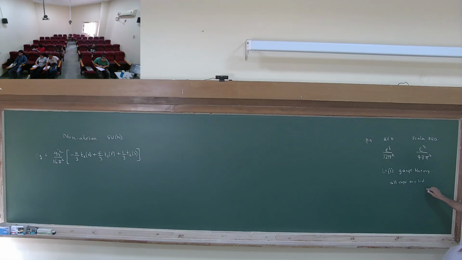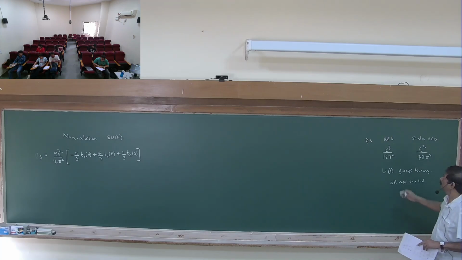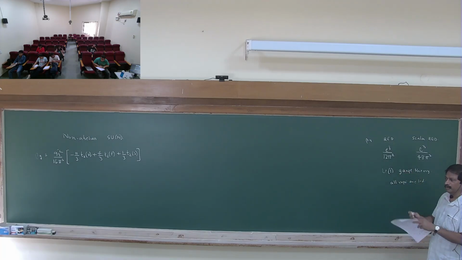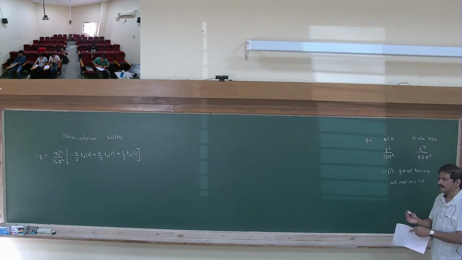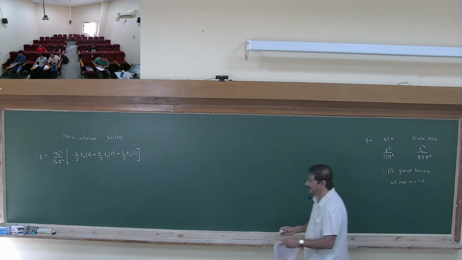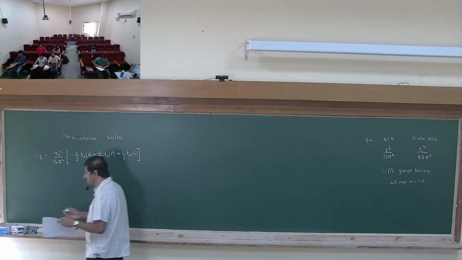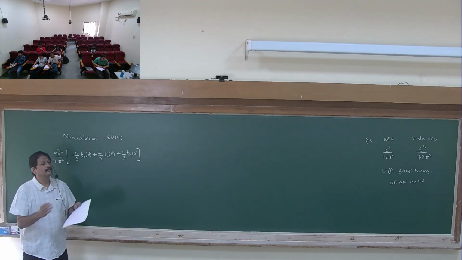Okay, so it does matter what is the dimension of the representation in which your matter is sitting. Here by matter we mean the fermionic fields, or it could be scalar matter, in contrast to the gauge bosons.